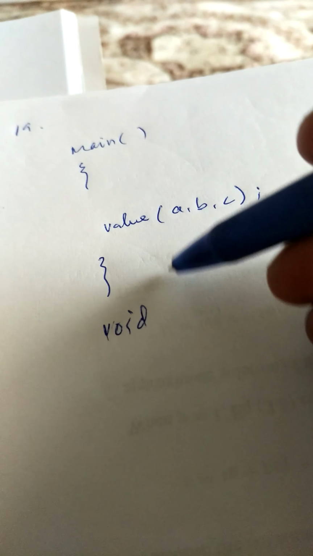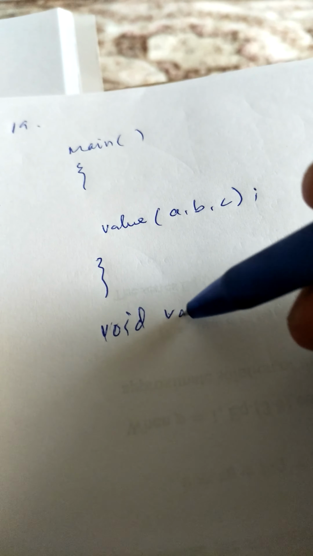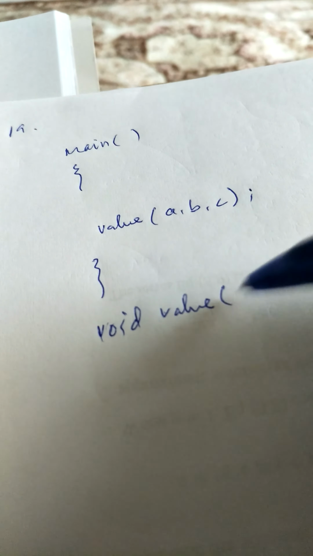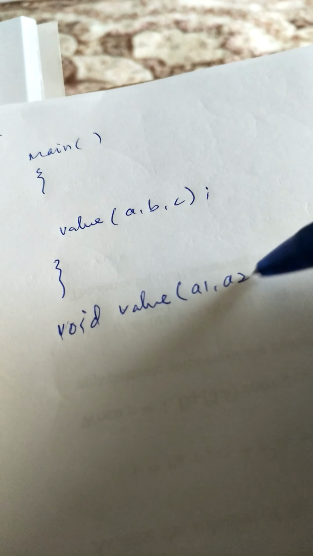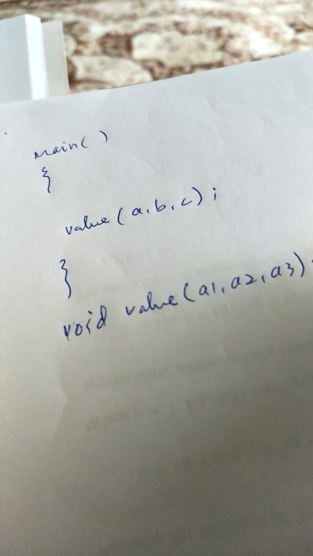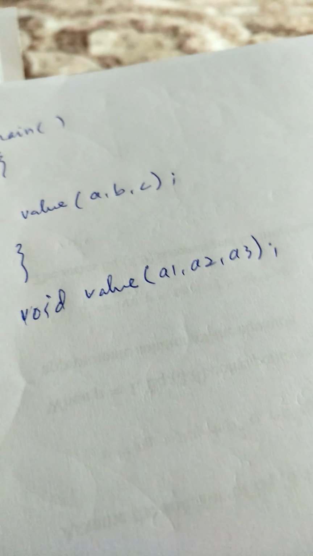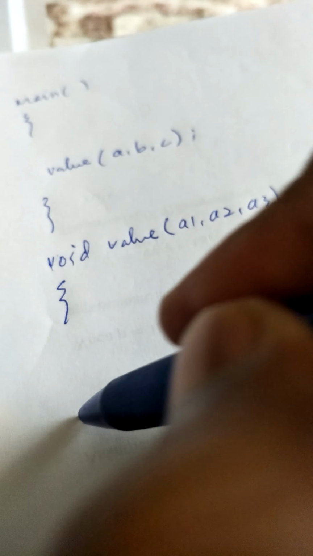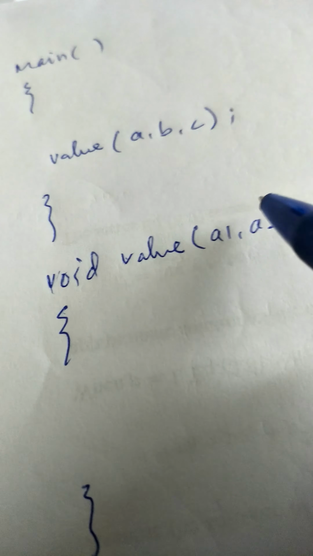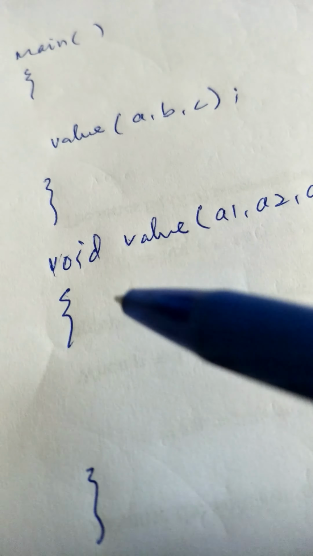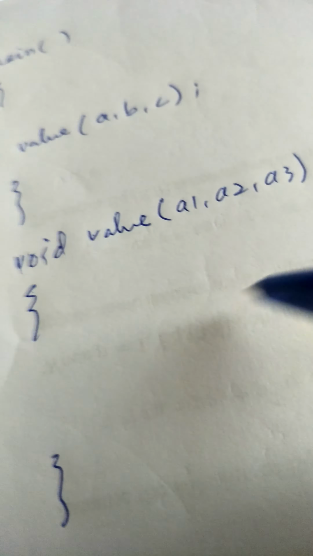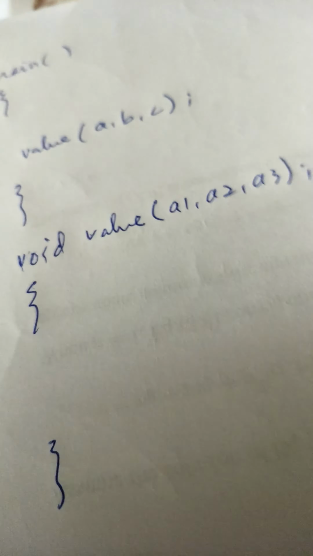The function value has, let's say, A1, A2, A3. In this function, the value of A1, A2, A3 is calculated, or we do some operation there, whatever it is.